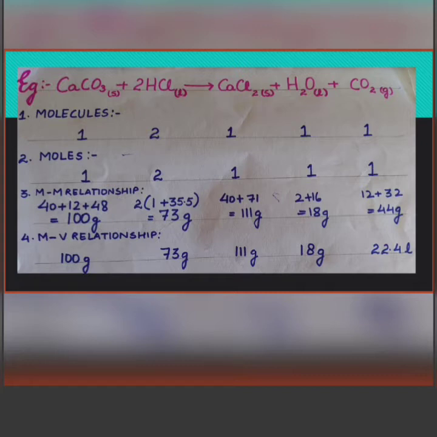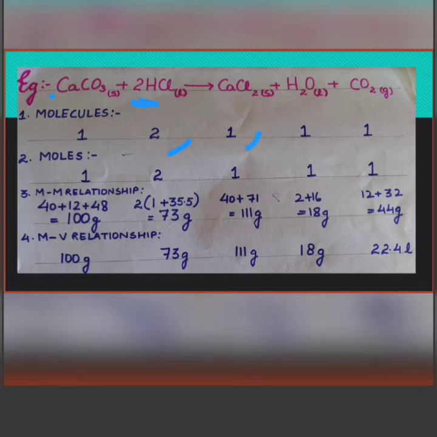Now what information are we going to get from this reaction? Number one, the number of molecules. You can see that for CaCO3, only one molecule is there. There is no other coefficient present before CaCO3, so we consider that only one molecule of calcium carbonate is present here. Now there are two molecules of HCl, so I have written 2 over here.